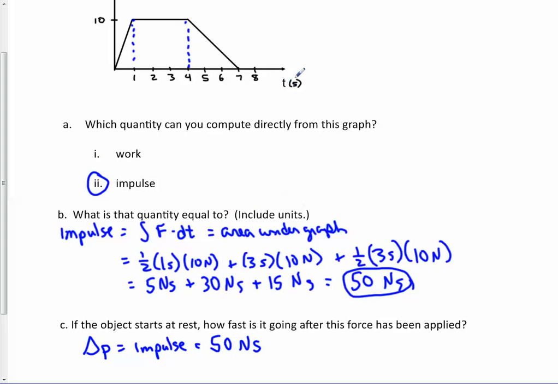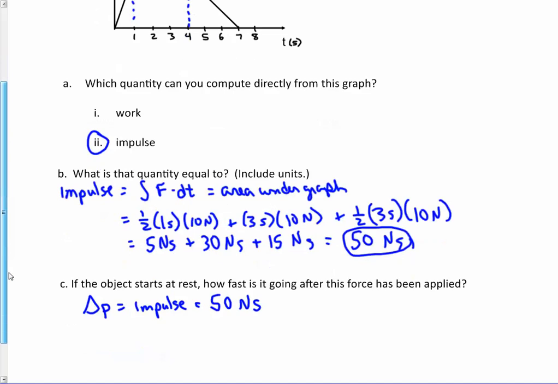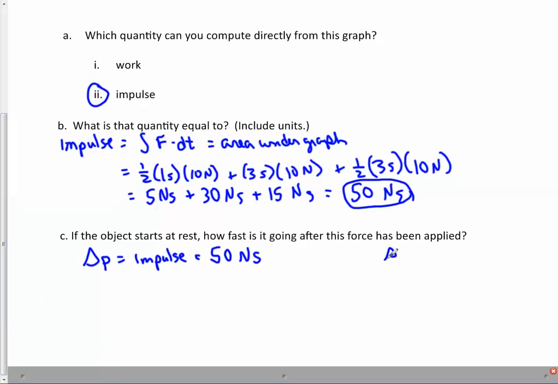If this was x in meters, we would have computed the work, and then the work would have been how much the kinetic energy changed, assuming it was just horizontal and there was no potential energy involved. It would have been delta K in the energy approach. But with impulse, it's delta p, the change in the momentum.